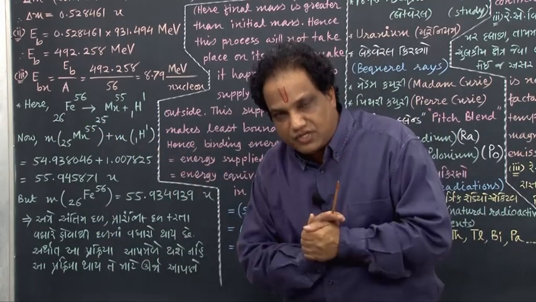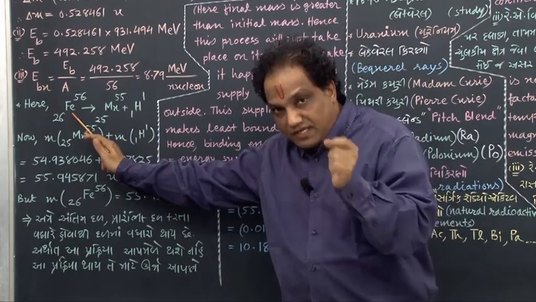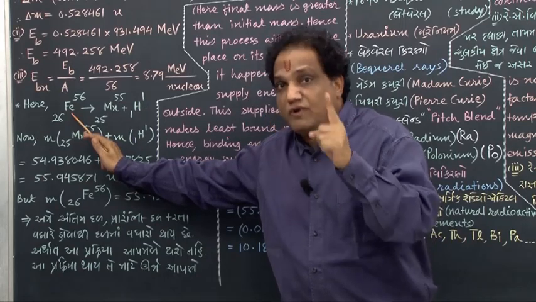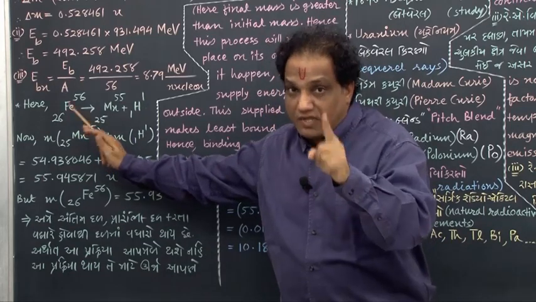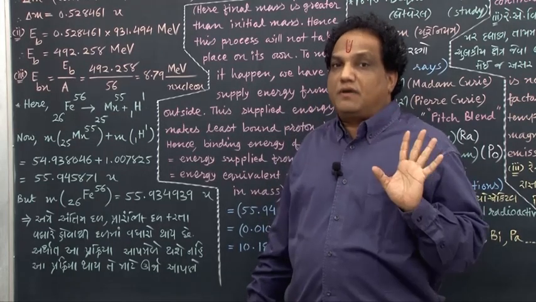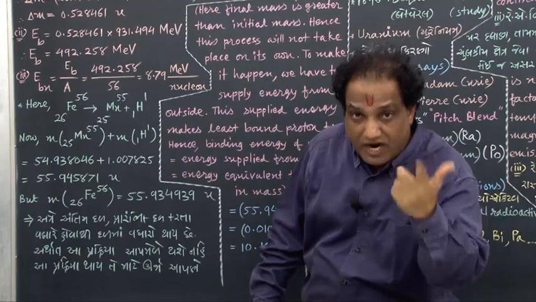Let us write this reaction, correct? Come on, this is the given nucleus. It simply emits what? One proton, which is most loosely bound. Let me tell you, proton is nothing but the nucleus of hydrogen.